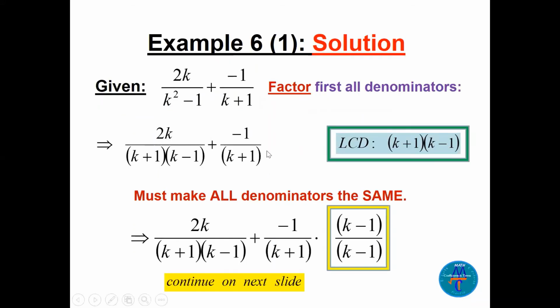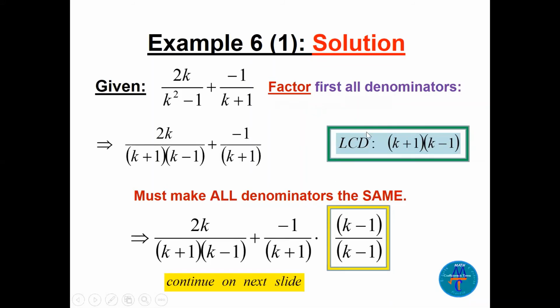Now let's look at the LCD. We have k plus 1 and k plus 1. Both are power 1. I take the highest power. So one of them, k minus 1, I have one of them. So I take k minus 1. So now the product without the square, remember? Because the highest power here is 1 in each. So that's the LCD.